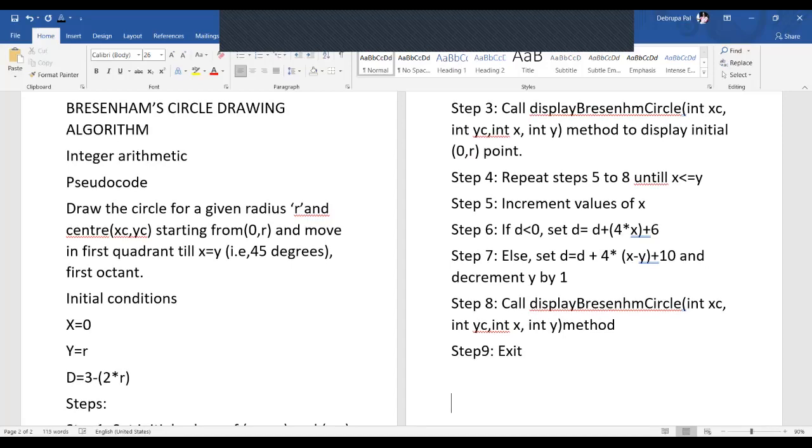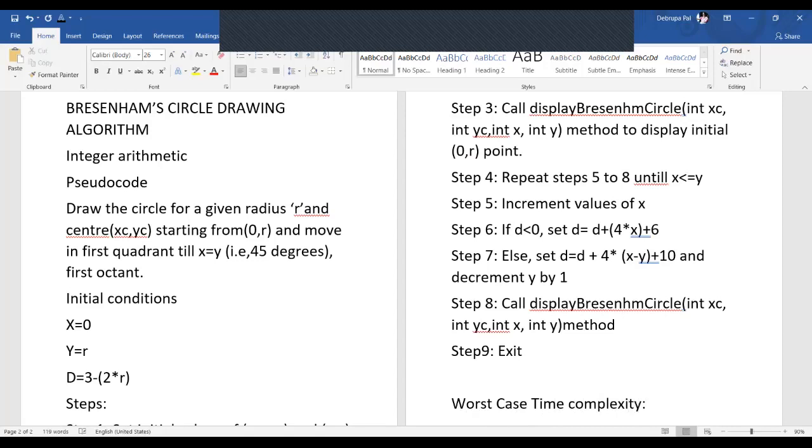Bresenham's circle drawing algorithm. Now, if we talk about the complexity of the algorithm, the time and space complexity of Bresenham's circle drawing algorithm are: worst case time complexity. What is the worst case time complexity?